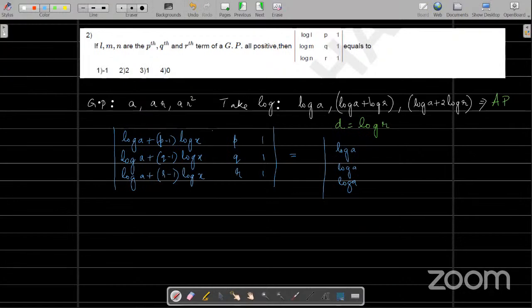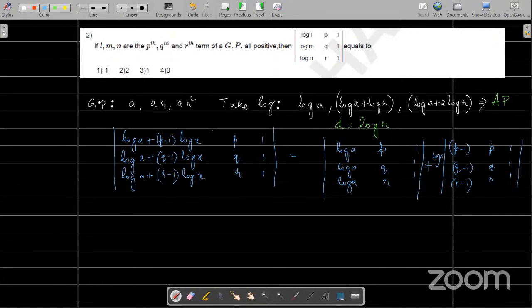One of the properties of determinants is that if you can write any single column or a single row as the sum of two terms, then you can write this as log A, P, Q, R and 1, 1, 1, plus the other term, which is P minus 1, Q minus 1, R minus 1 into log X, which is a common factor among all of them. So I can pull that out, log X. So P, Q, R, 1, 1, 1.